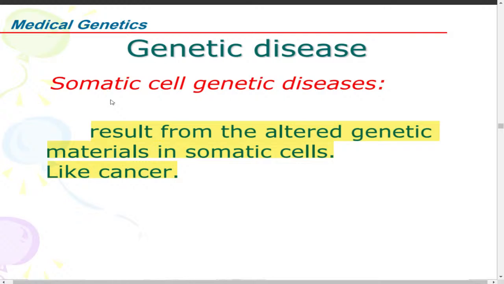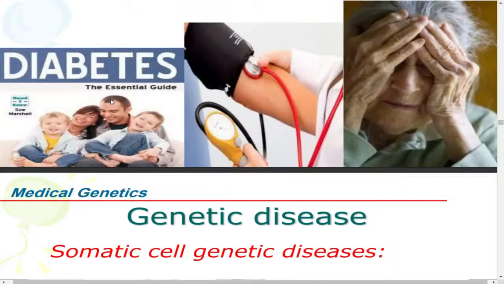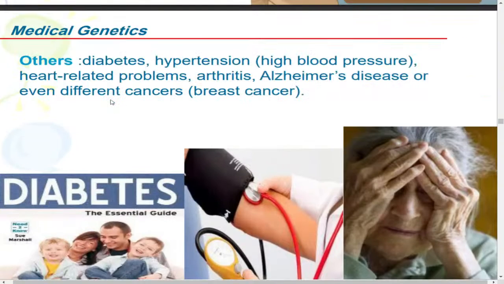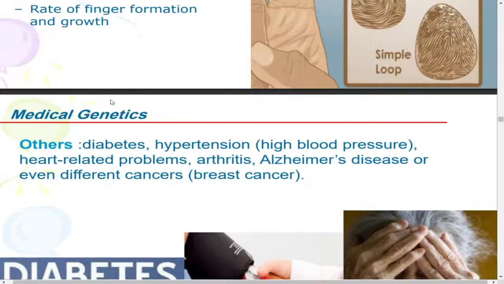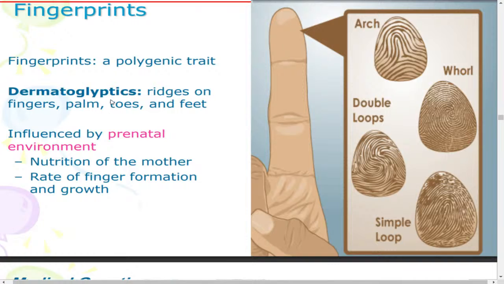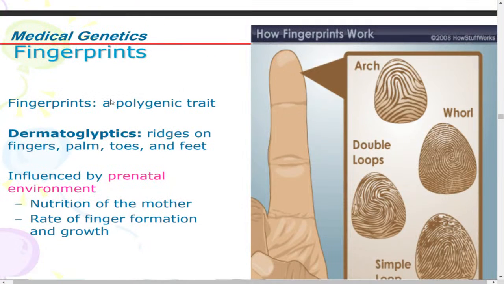More genetic diseases: somatic cell genetic disease results from altered genetic material in somatic cells, like cancer. This is somatic disease. Or medical genetics diseases like diabetes, Alzheimer's, genetic diseases, somatic diseases.